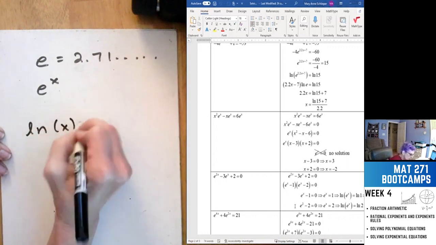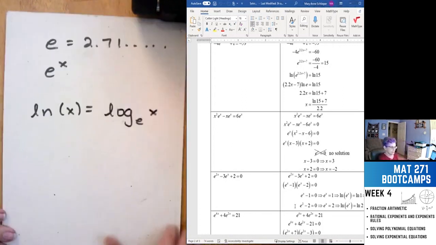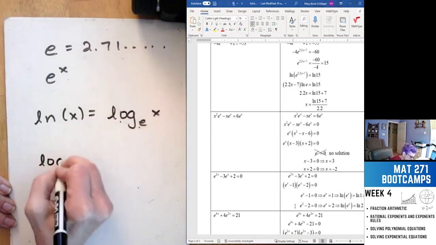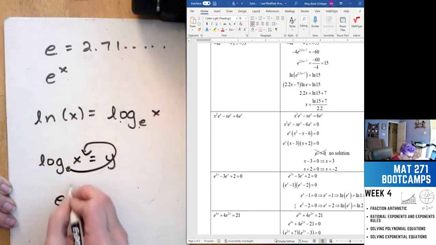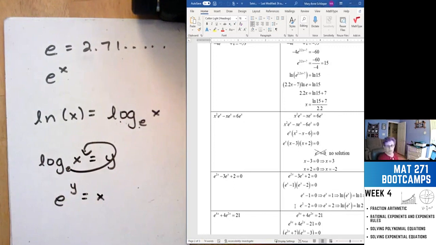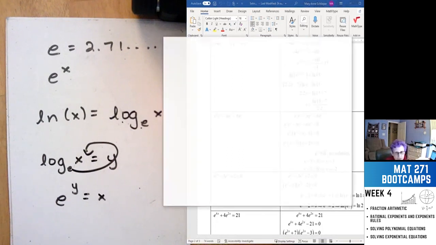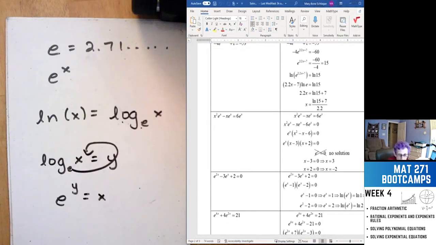Natural log of x is equal to log base e of x. So log base e of x means that e to the y is equal to x. So they are inverse functions of one another. I'll graph them on Desmos because that'll look a lot better than if I sketch a graph. Okay, that's not going to let me open up a window.